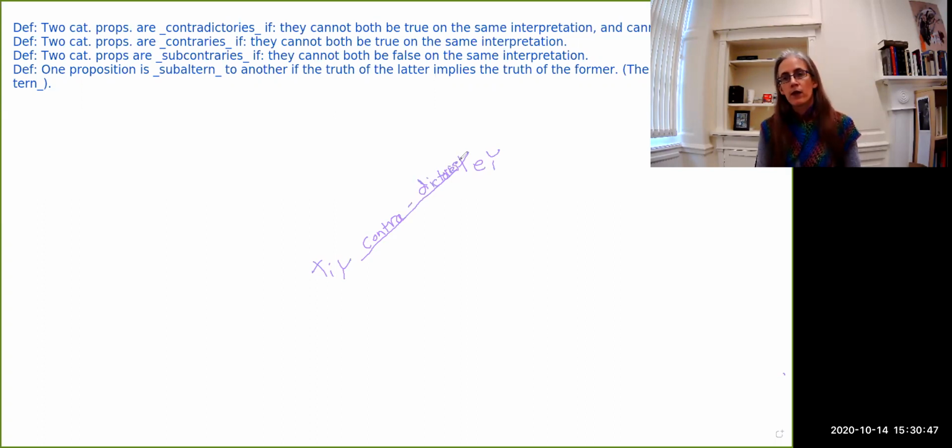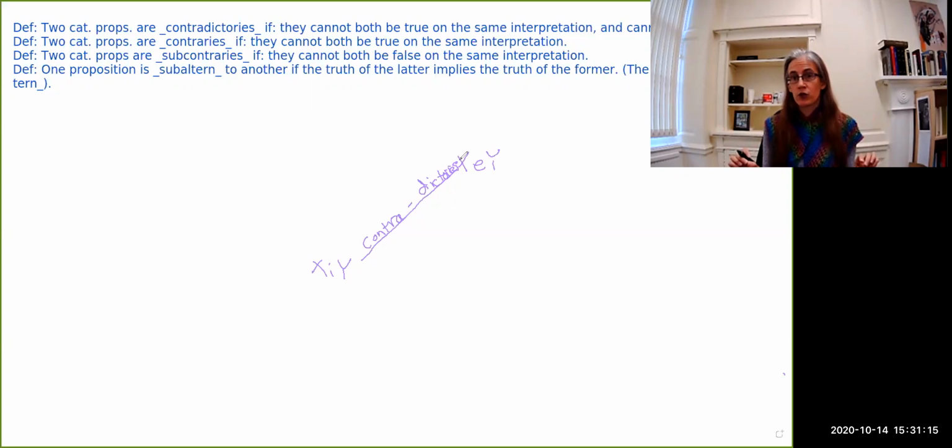Now, you can prove in the same way that we proved in the previous video a number of other relationships between pairs of categorical propositions. So again, we're going to fix our terms, we're going to keep the same x and y and just vary the copulae between them. Now, these other things that I'm going to write down, I'm not going to prove them in the way that I proved that the I and the E claims are contradictory to each other.